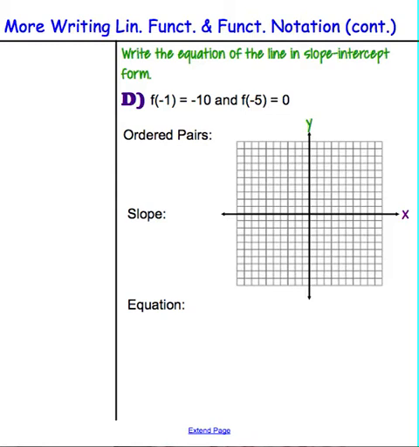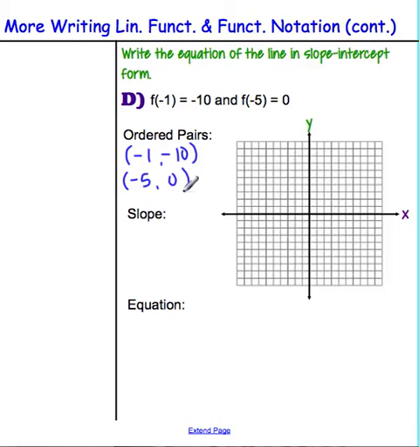So first I start by writing my ordered pairs. I know that when x is -1, that means my y is -10. And that when my x is -5, my y is 0.